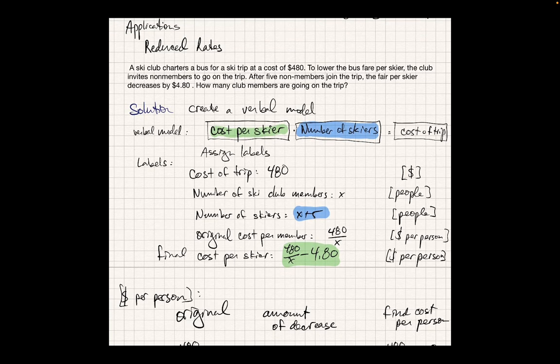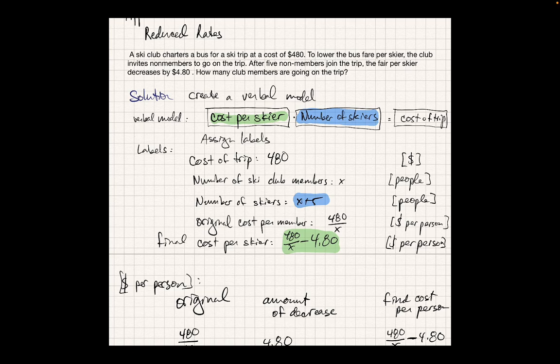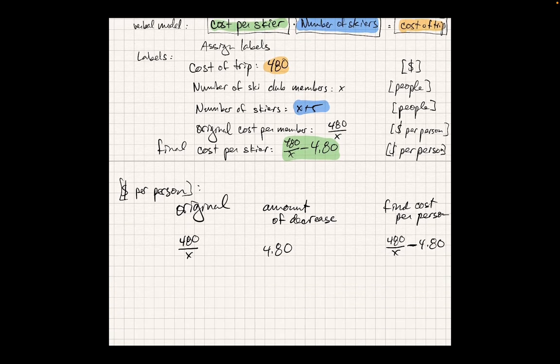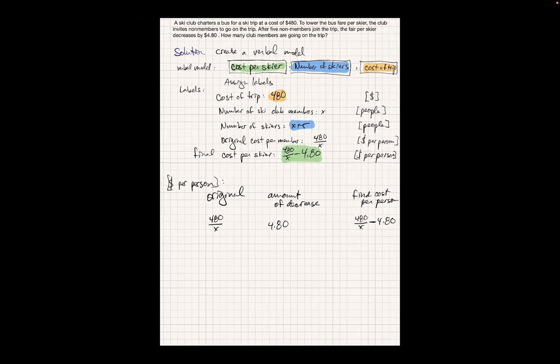What's the last thing I need to fill in, Matt? The cost of trip, which is 480. Yes. Alright, so now we have an equation. So my next step is to write my equation.